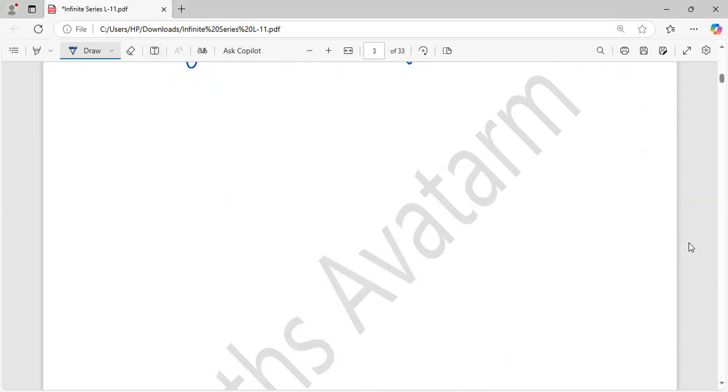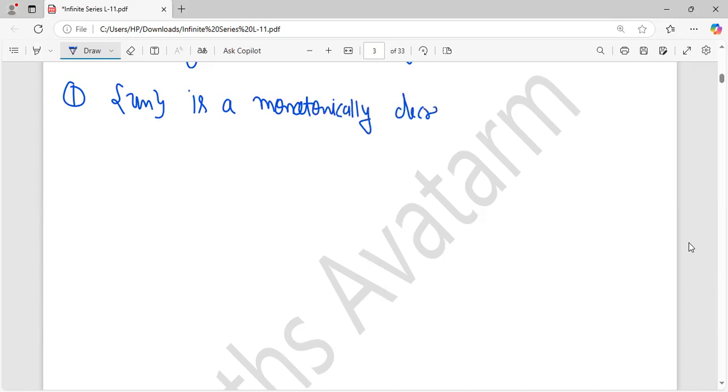First, un is a monotonically decreasing sequence. It means what?